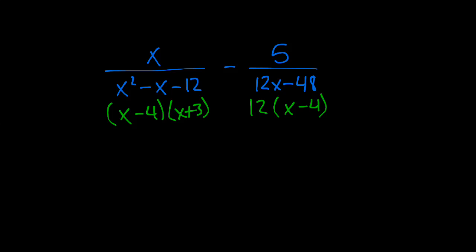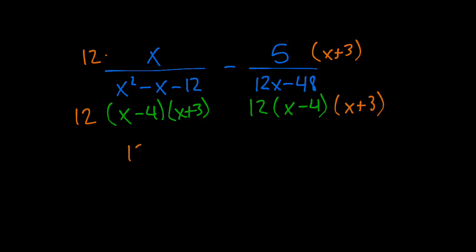So in the fraction on the left, we're missing the 12, so we need to multiply a 12 into our numerator and denominator. And on the right, we're missing the x plus 3, so we'll multiply x plus 3 into our numerator and denominator over there.